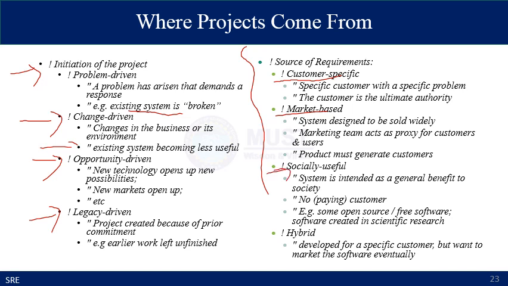Similarly, you can also look at alternatives for how your system can be socially useful. In this case, you will usually have no paying customers, and your software should be open source or free software created in scientific research. And you can also use a hybrid approach which can use any or all of the desired forms.